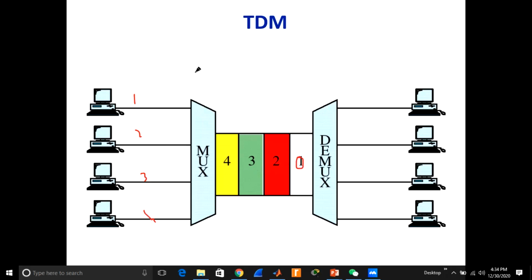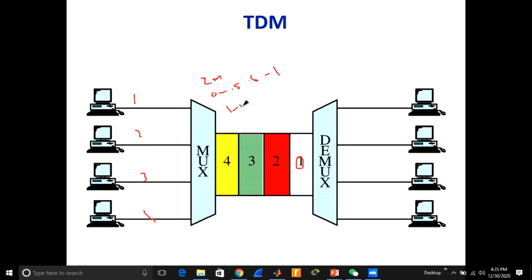For example, suppose there are 2 milliseconds of time. It means that from 0 to 0.5 milliseconds, device 1 will transmit data. From 0.5 to 1 millisecond, device 2 will transmit data.